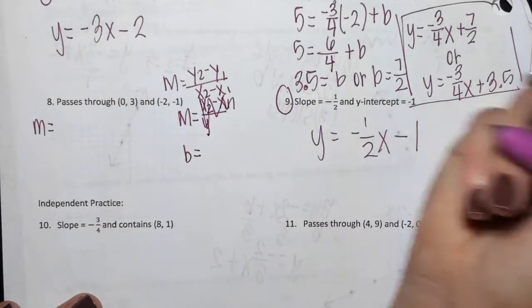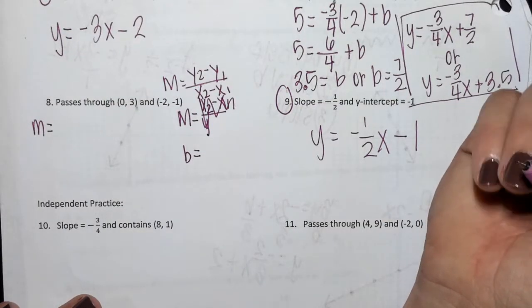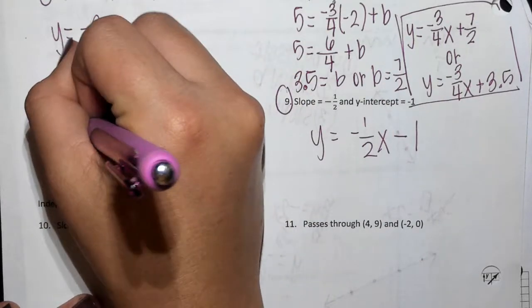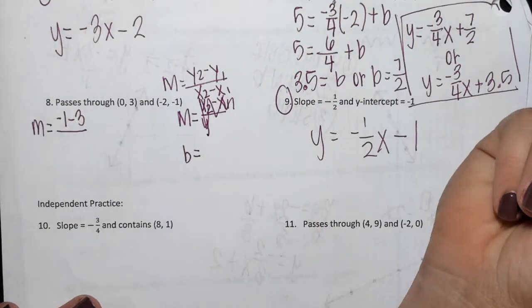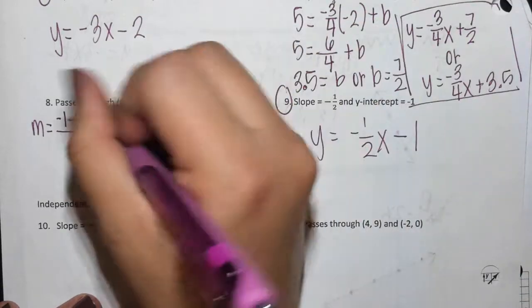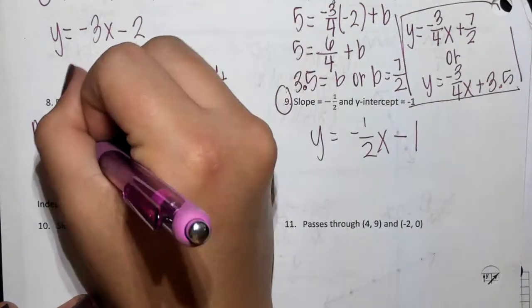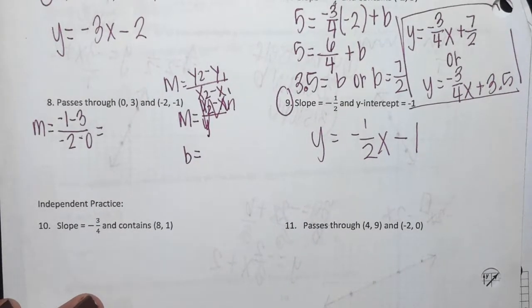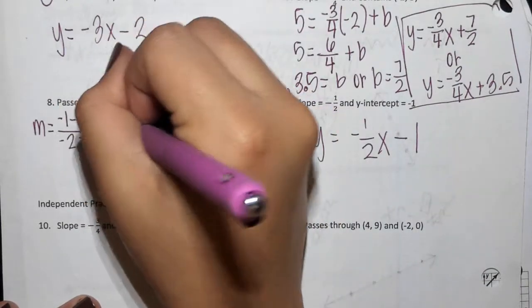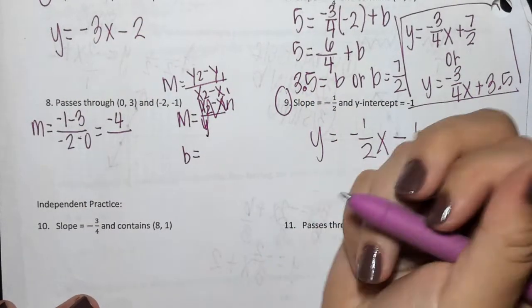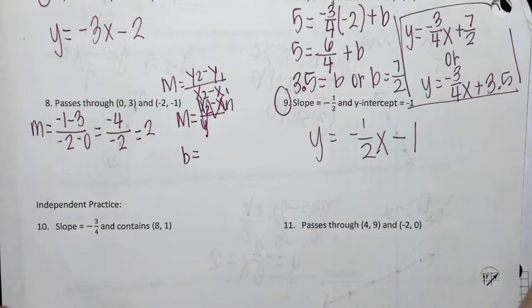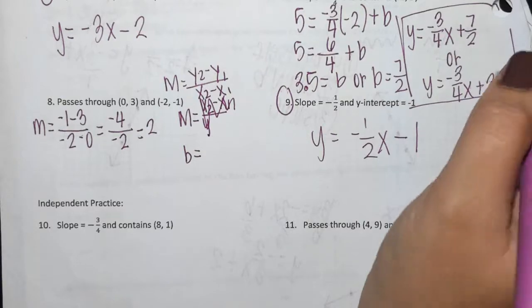So just to find the slope, you have to do negative 1 minus 3 divided by negative 2 minus 0. Well, negative 1 minus 3 is negative 4. Negative 2 minus 0 is negative 2. So this reduces to 2. So that's just your slope.